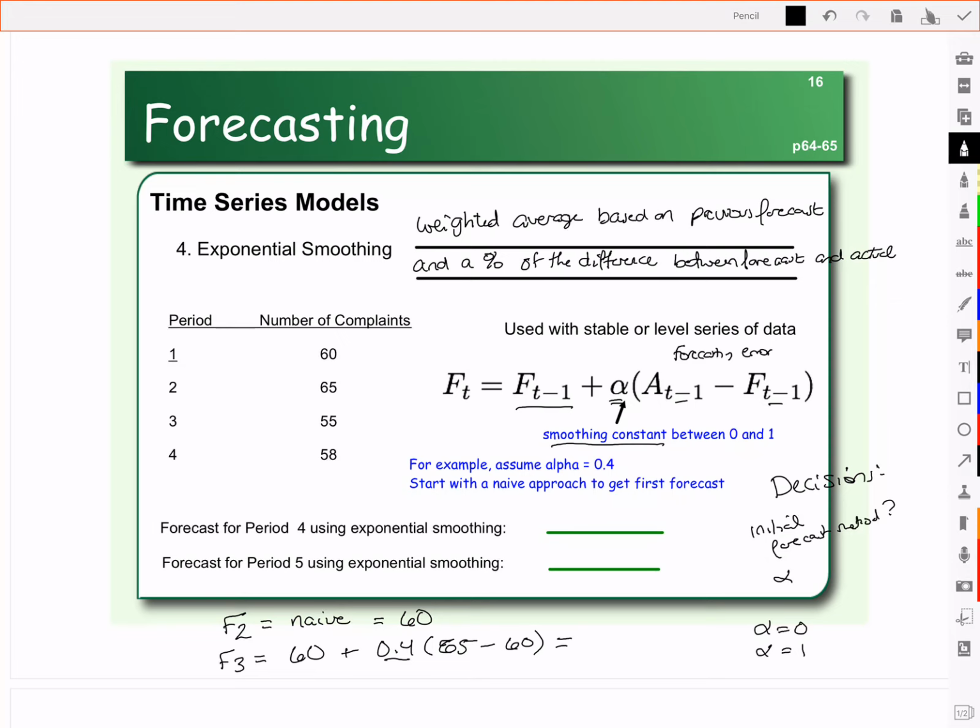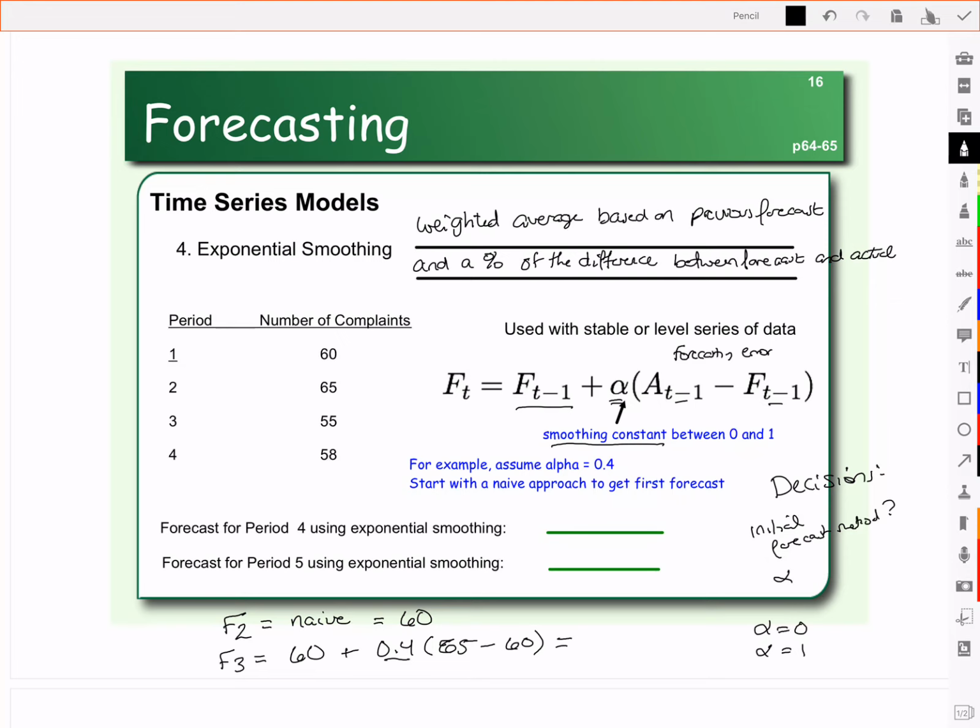So we go from 60 to 65. Okay? Now you may choose to not fully incorporate the error, because you recognize that in the future, maybe higher, maybe lower, so you're only partially incorporating that forecasting error, and that's going to create a smoothing effect, which is why this is called a smoothing constant.